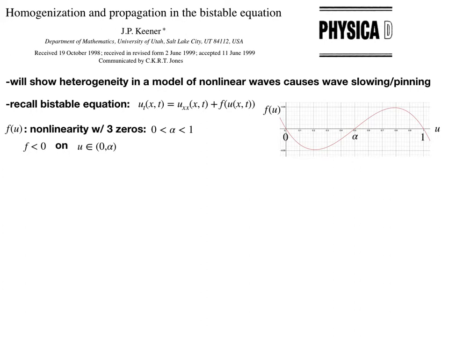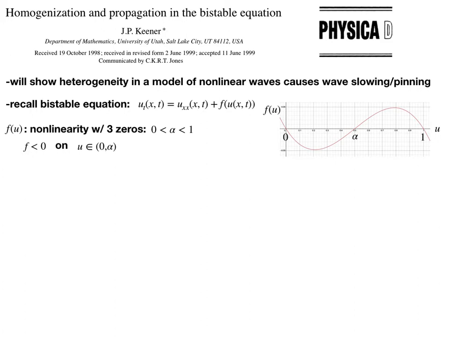We'll take its diffusion coefficient to be 1 for now. The nonlinearity needs to have 3 zeros in it. You could think of a cubic. You could also think of piecewise linear dynamics, as I'll take a look at near the end. But the main elements you need in this function f is that it has 3 zeros and that it's negative from 0 to alpha.